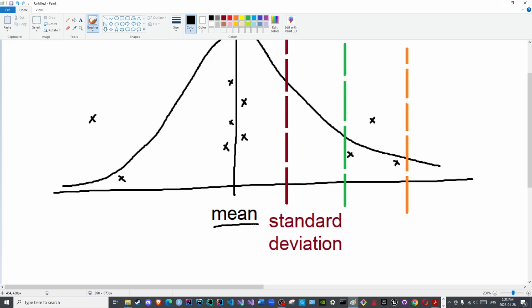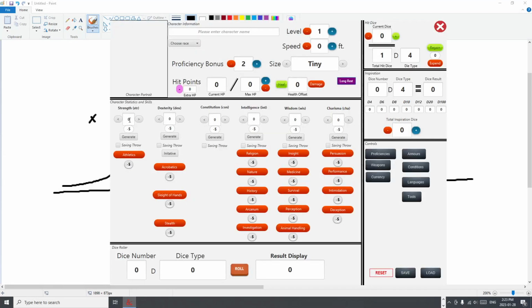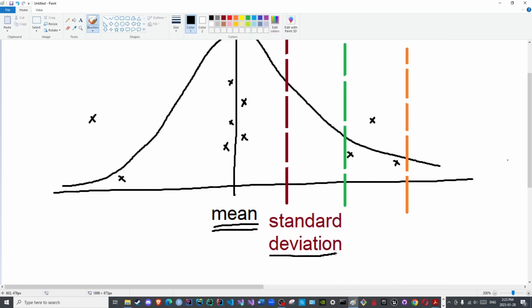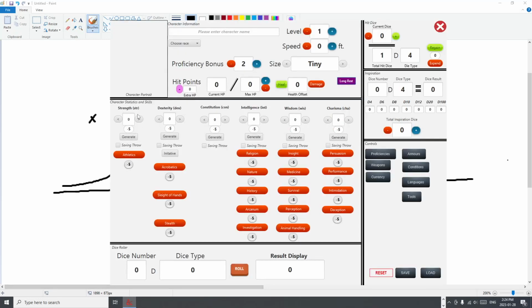The mean, in our case with respect to Dungeons and Dragons, is the score. The modifier is the standard deviation for that particular score. Now, there is a particular calculation for how to calculate the modifier.